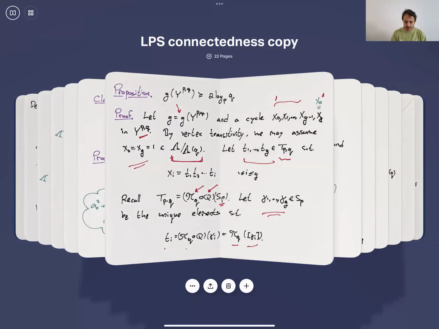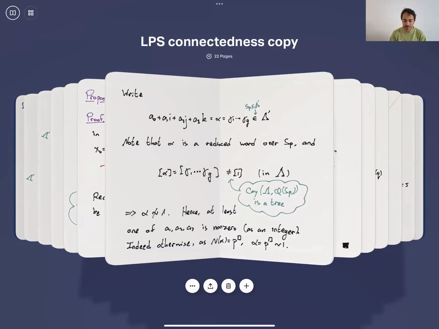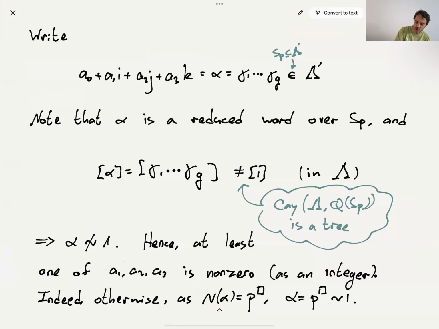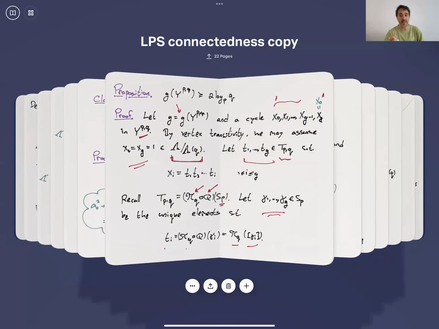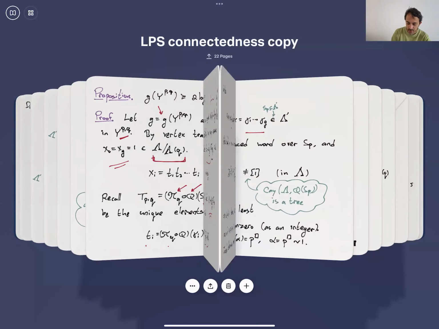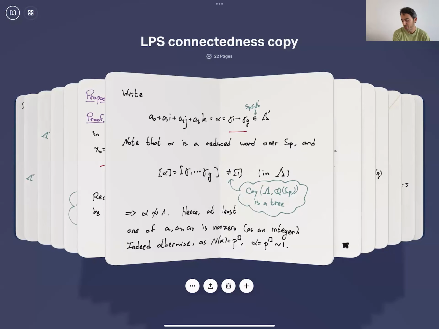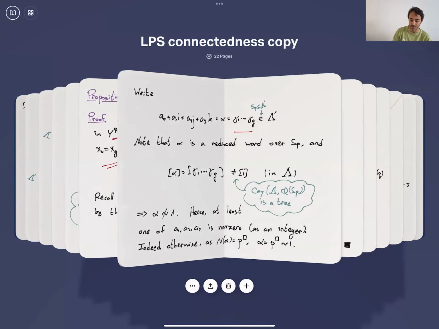And now I want to look at the product of the gamma_i's from 1 to g. So let's consider the product gamma_1 up to gamma_g. This is at the level of S_p elements. Let's denote this thing by alpha, and this is an element in Lambda prime.